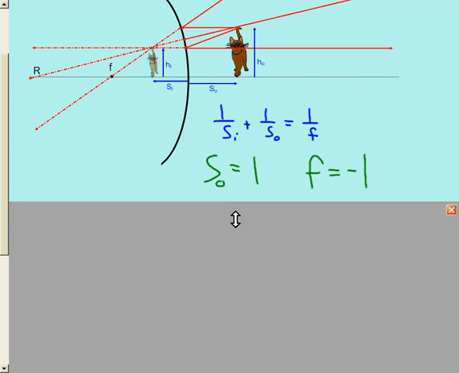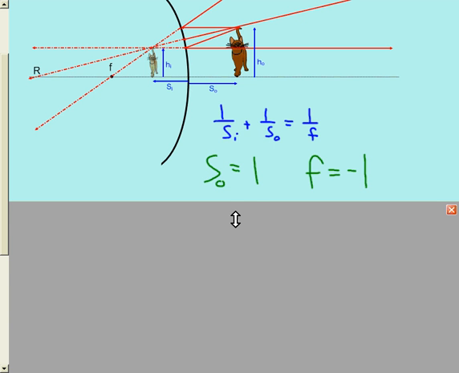Okay? And let's see what we come up with. So now notice the distance to the object is positive, because it's always the case. So in this case, for a convex mirror, the distance to the focal point has got to be negative. So I'll put in -1. Fill those in, and I want you to solve this and tell me the distance to the image. All right, so go ahead and pause the video and give it a try.